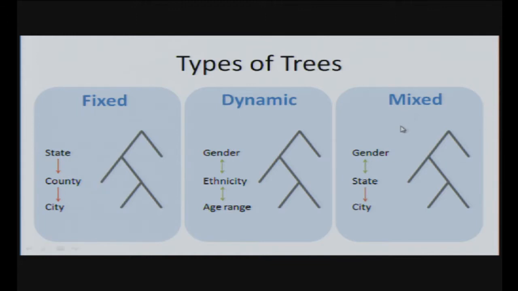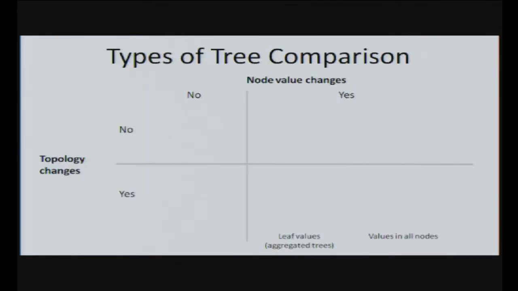Then you have mixed, where you might have the first order of the tree be very static. You don't move it around. Then you have other levels of the tree that can merge and move back and forth. Different types of trees. Each one of those types of trees has different challenges associated with it when you're trying to figure out what changes over time.